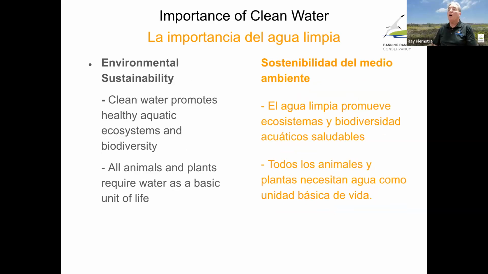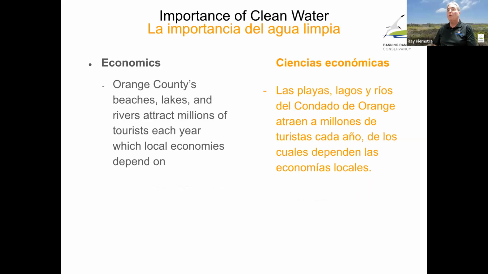So the environment also needs clean water. Our aquatic ecosystems, both freshwater and ocean water, and the species that live in them, all depend on clean water and enough water for them to live in. It's also a huge part of our economy.